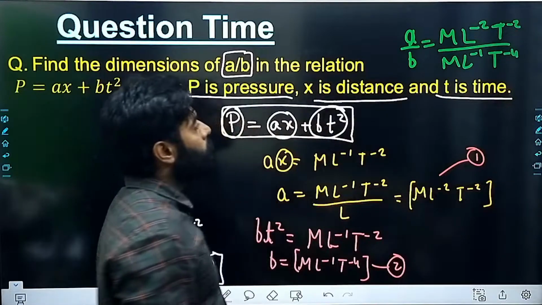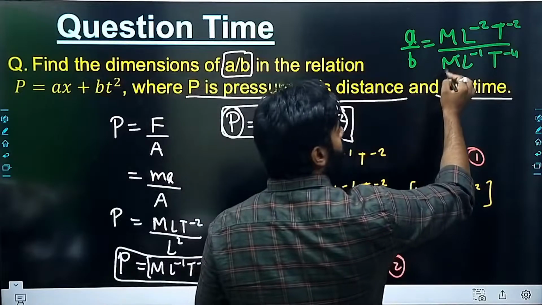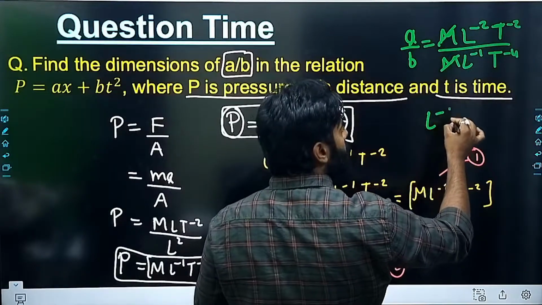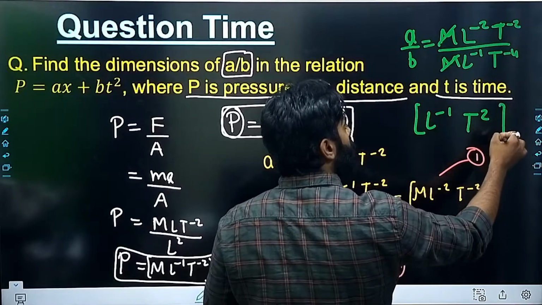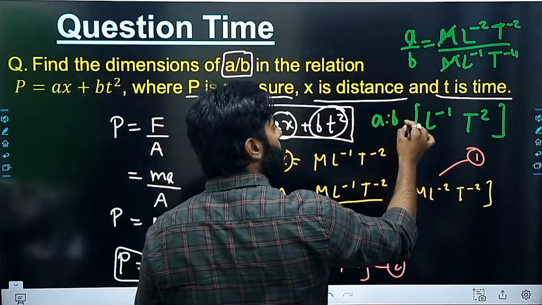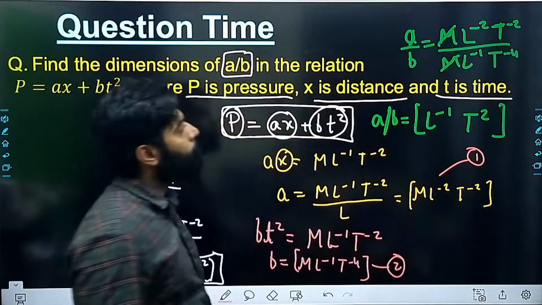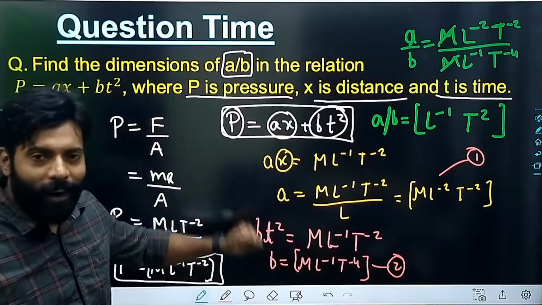M will cut, so the answer will be L minus 1 T 2. This is A by B. I hope that we all get the correct answer.